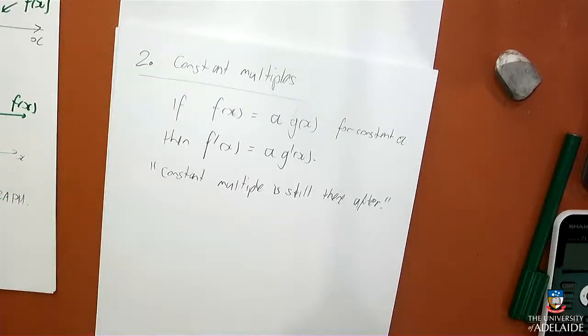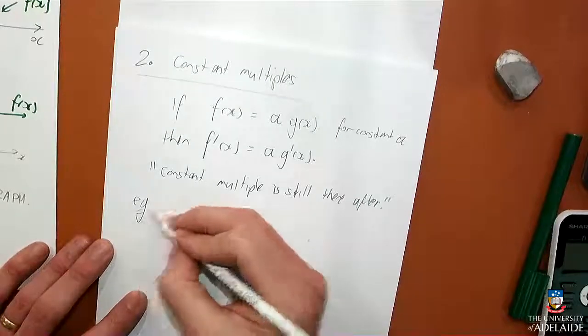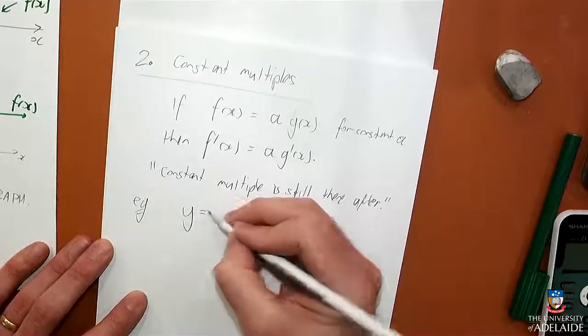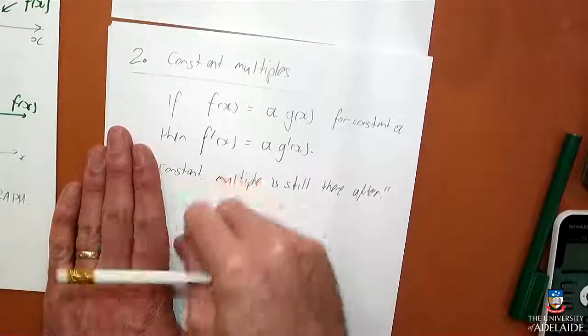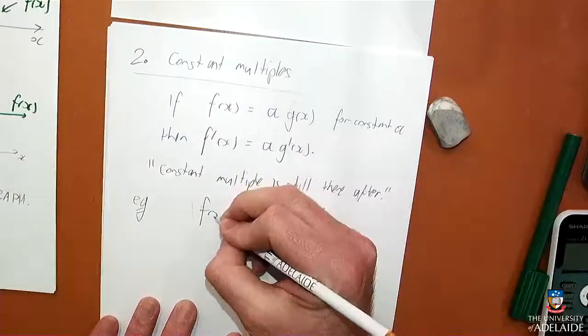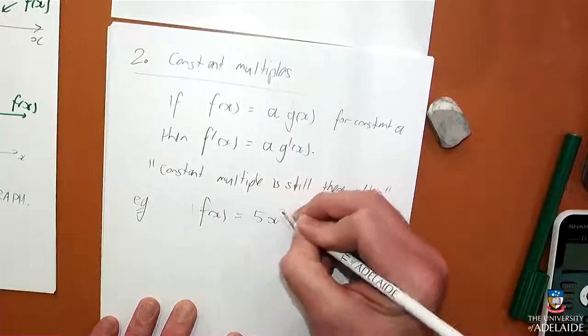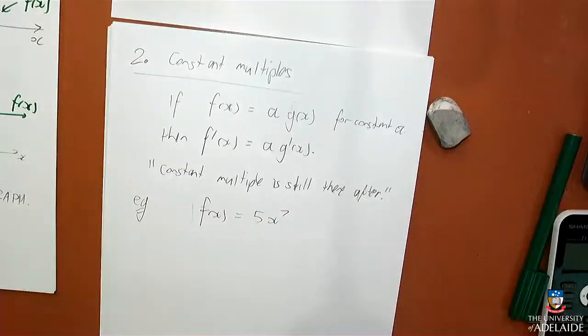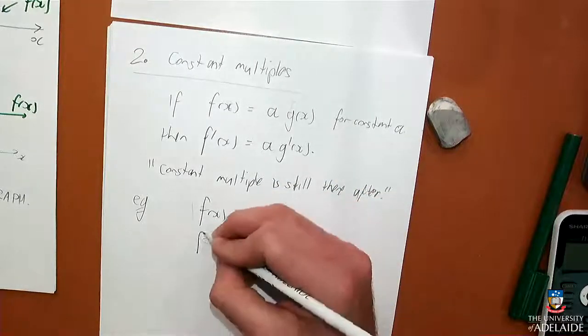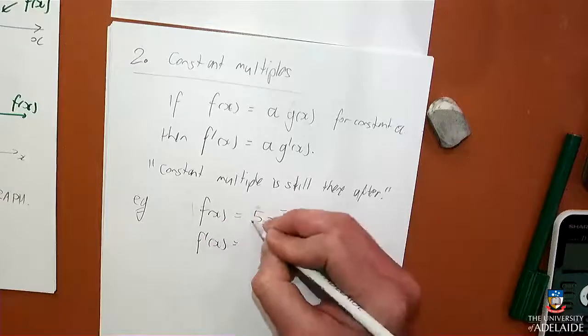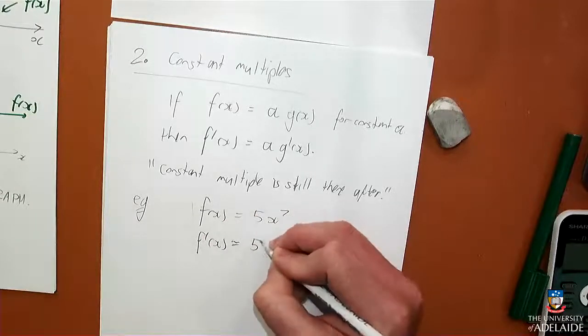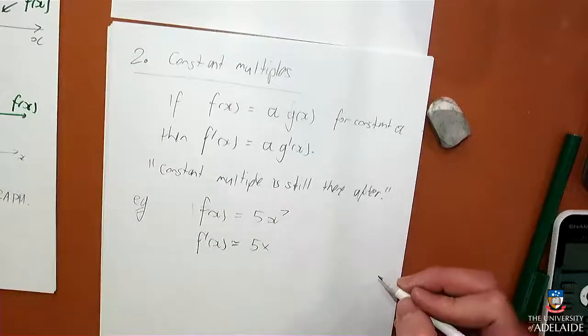Okay? Just as an example, if you had f of x is equal to 5x to the 7, then according to this rule, this constant 5 is multiplied on. It will still be there afterwards, multiplied on.